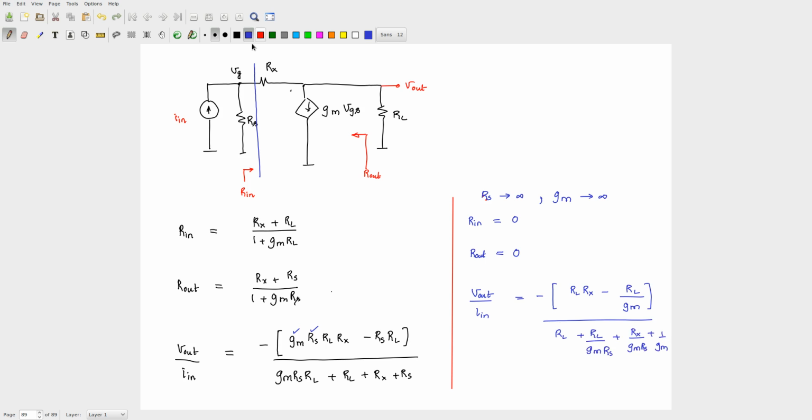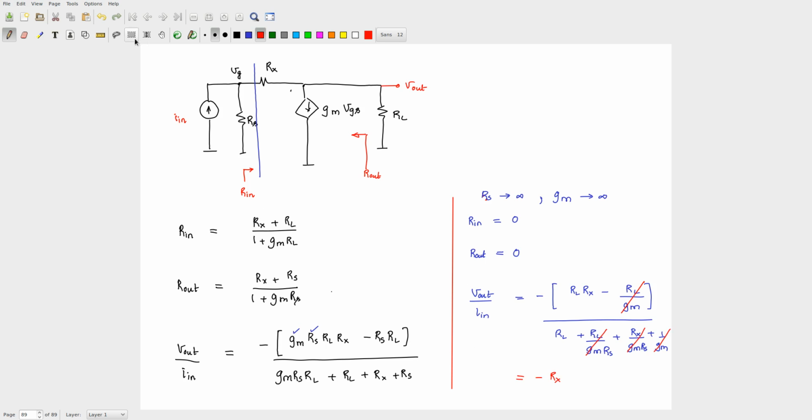Okay, now you know whatever is going to infinity becomes 0. Correct? So this becomes equal to minus Rx, which is essentially what you wanted. So this messy expression does become what you want.